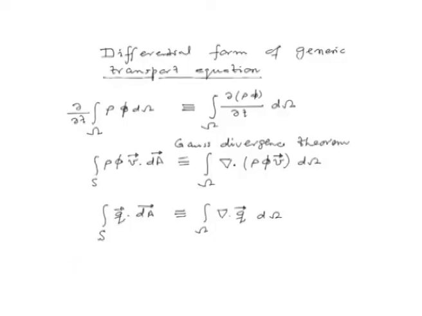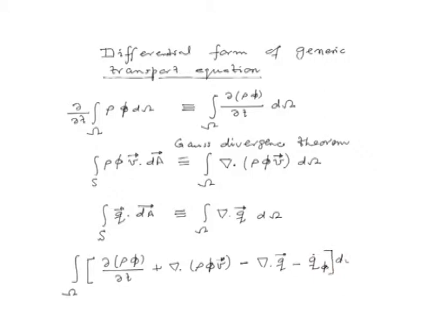So, we have a big volume integral of del of rho phi over del t plus divergence of rho phi v minus divergence of q minus q phi, d omega, equal to 0.